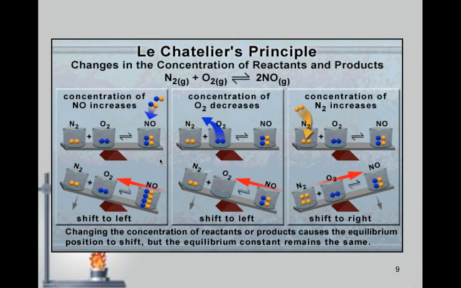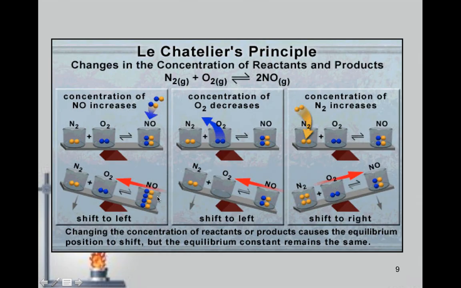So now we're going to disrupt equilibrium. And we're saying that we're going to increase the concentration of nitrous oxide. Okay, we're adding more NO, right? If you add more NO, that's going to make it heavier on this side. Okay, now in order to make it evened out again, the reaction is going to have to shift to the left. So what that means is we're going to try to get rid of this extra NO by making more reactants.